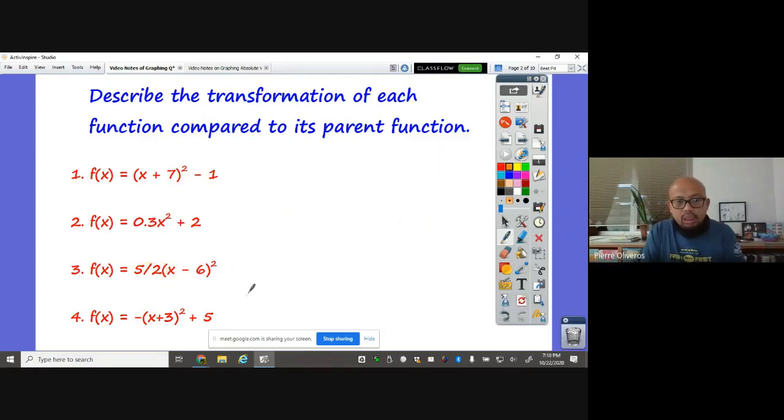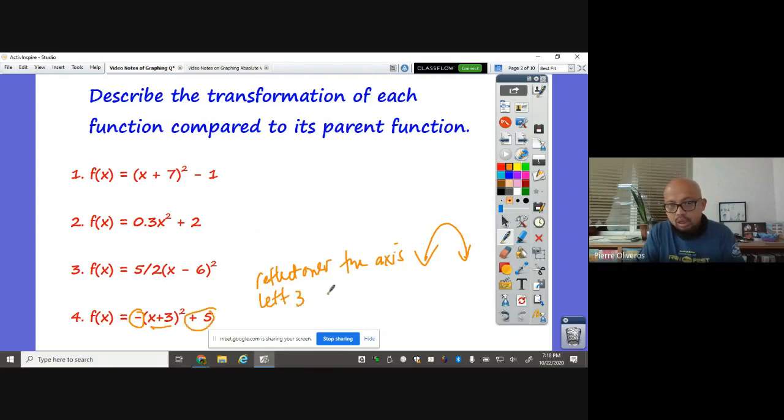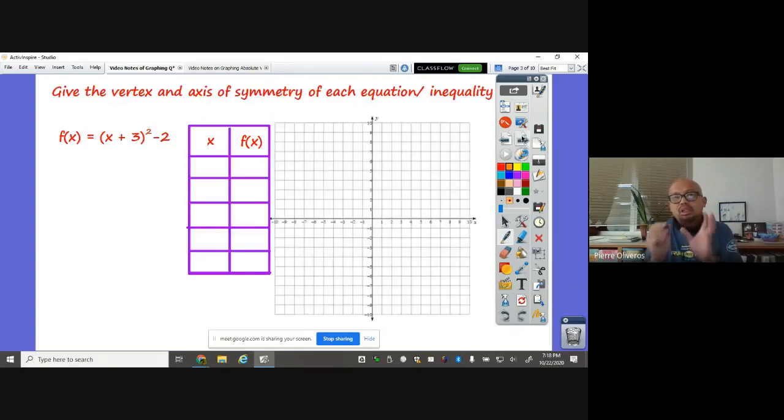Number 4 here, the negative outside means it reflects over the x-axis, so it opens downward. The plus 3 is telling you it's going left 3, and the plus 5 is telling you it translates up by 5 units. That's how you describe the transformation of a function just by looking at the equation.